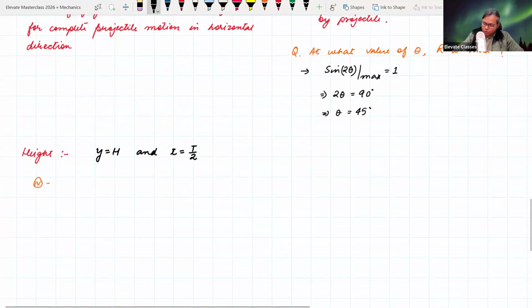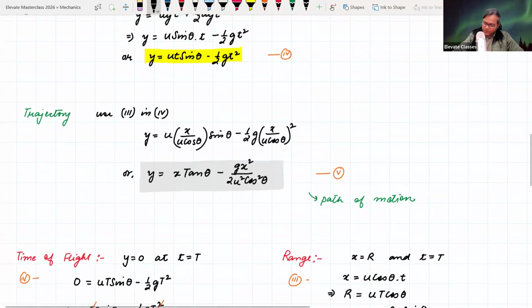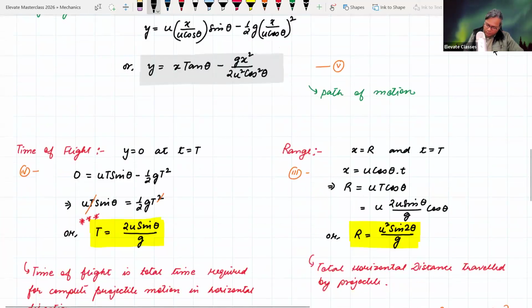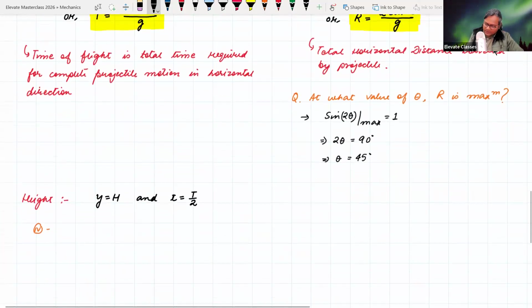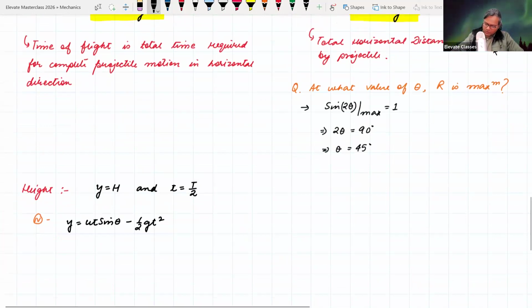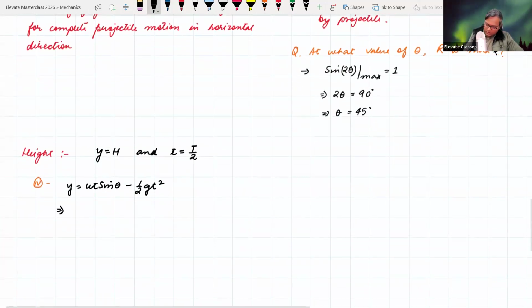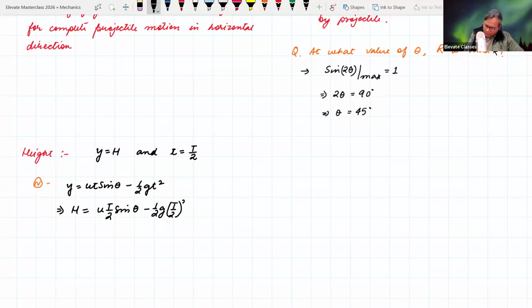So if I use equation number 4, I can say that y is equal to u t sin theta minus half g t square. So then capital H is equal to u times capital T upon 2 sin theta minus half g times capital T upon 2 square.